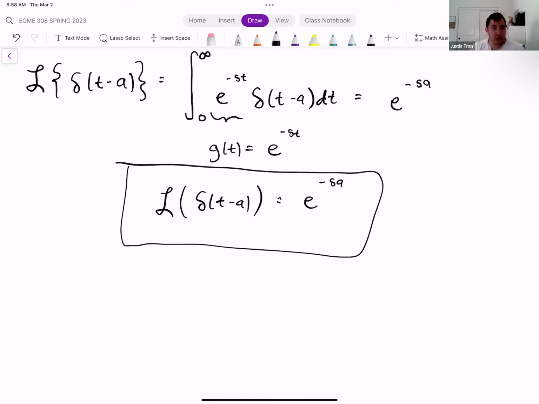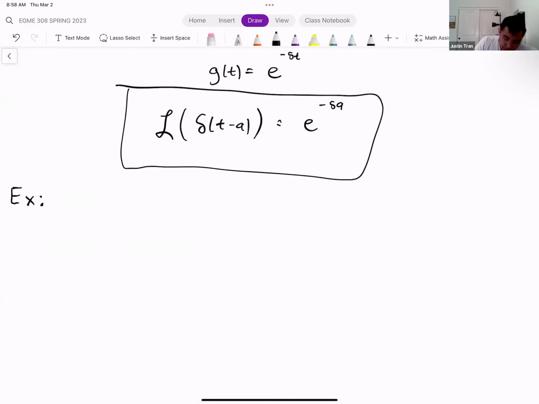Okay, so let's do a very quick example then. Let's do an example where we have a mass spring damper system that's subjected to a hammer blow. Okay. All right, so let's write out the differential equation. The differential equation for this is y double prime plus 3y prime plus 2y is equal to delta t minus 1.